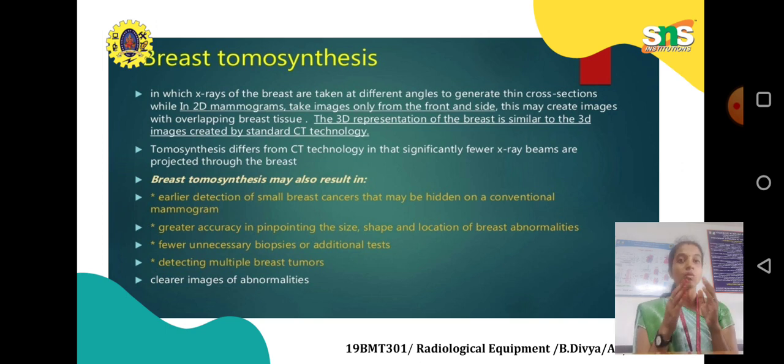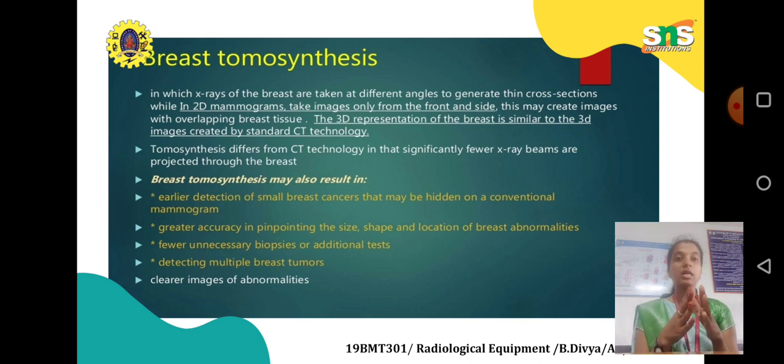We cannot take only one angle to identify what the disease is, right? So we identify the disease by passing X-rays in cross sections, which can be viewed in two-dimensional images.